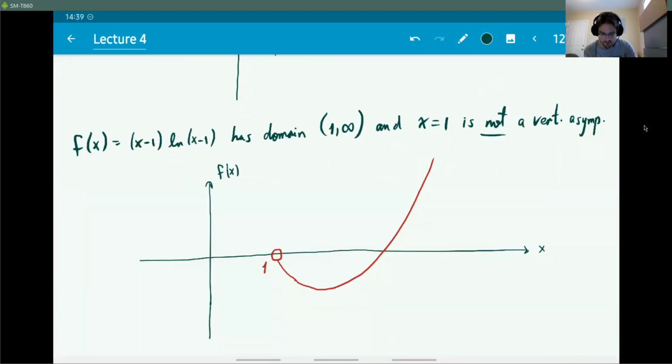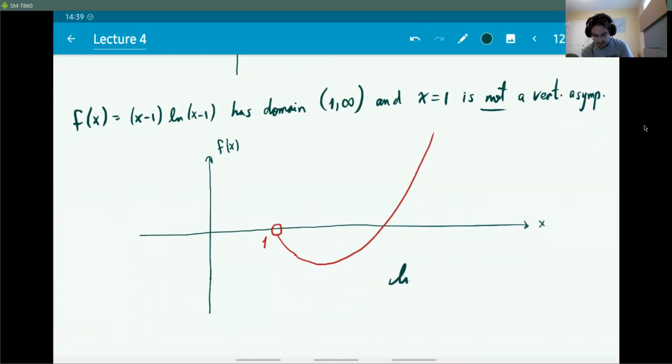So you see that even though the number 1 is on the boundary of the domain, it is not in the domain, but the domain is close to there. So even though that happens, the line x equals 1 is not a vertical asymptote. Why? Because this limit as x approaches 1 from the right exists. In this case, it's a 0, as you can see from the graph. So because it's not infinity or minus infinity, then this is not an asymptote.